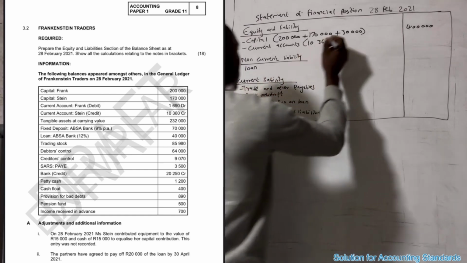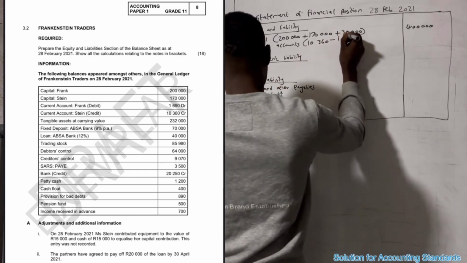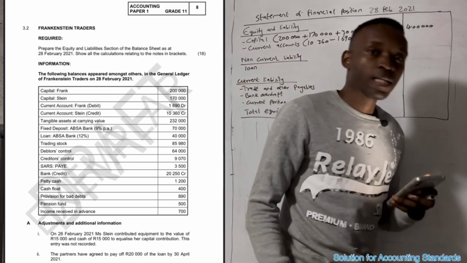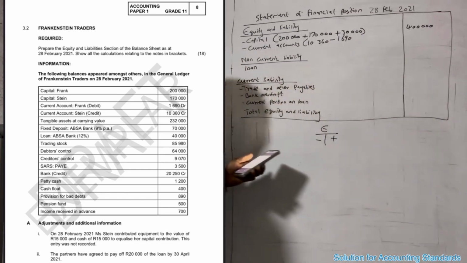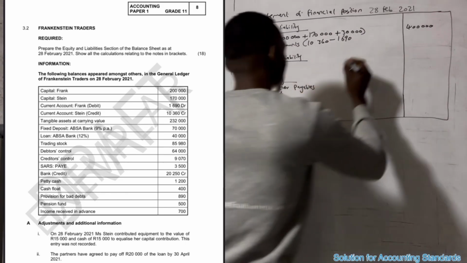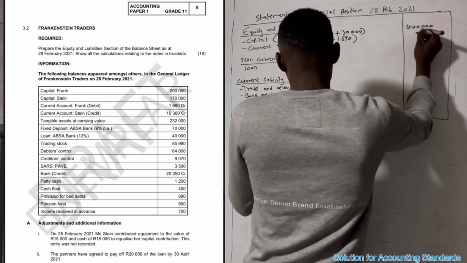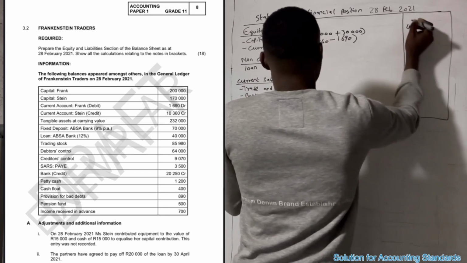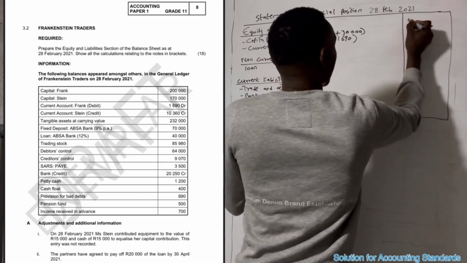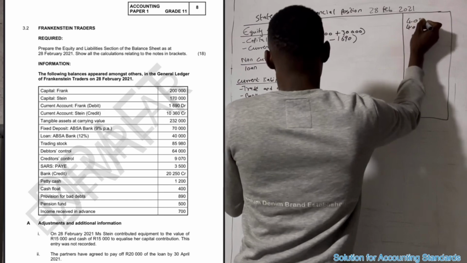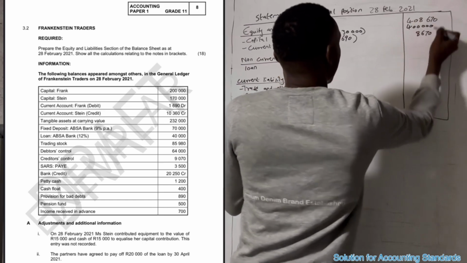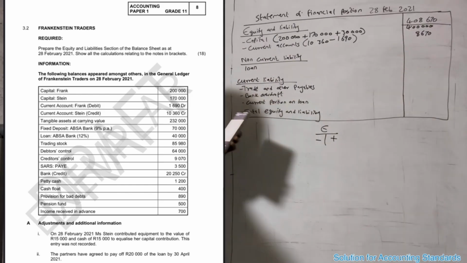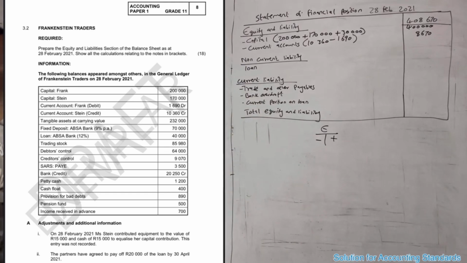How much are we going to subtract? 1,690, because it's indicated that it's a debit. In other words, it's negative. We don't have any other transaction, so we can close it off, and the amount gives us 8,670. Very simple. Okay, this is the partners' equity total, not equity and liabilities.